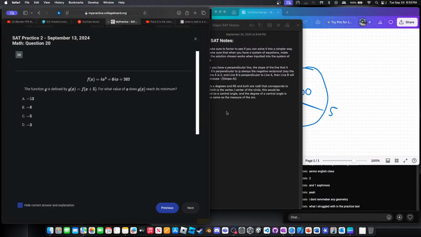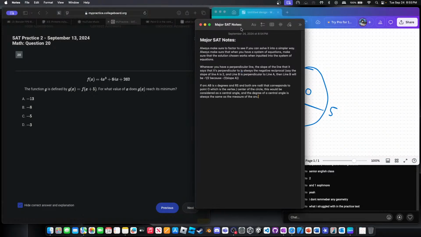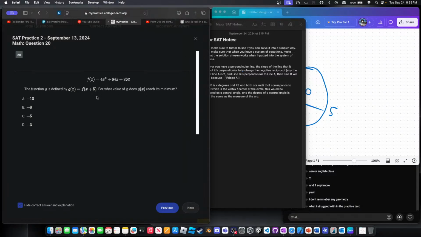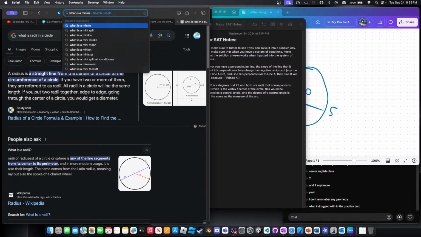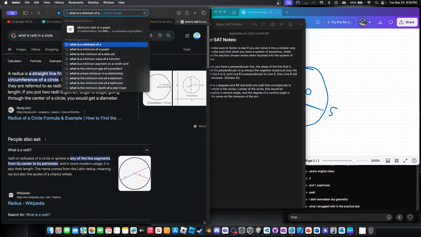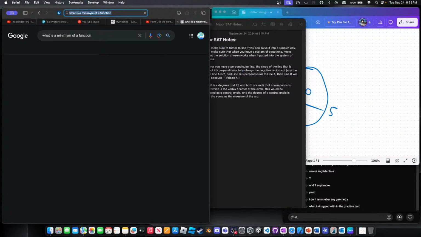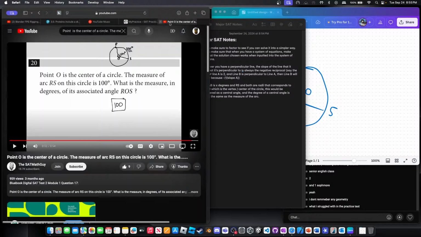Let's see. f of x plus 5. For what value of x does g of x reach its minimum? What is a minimum? Of a function, the lowest y value.